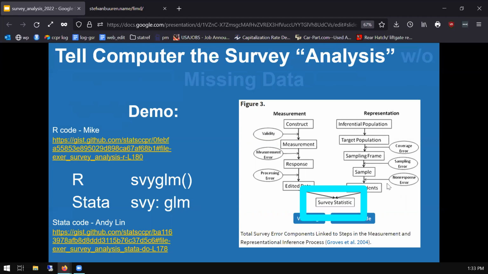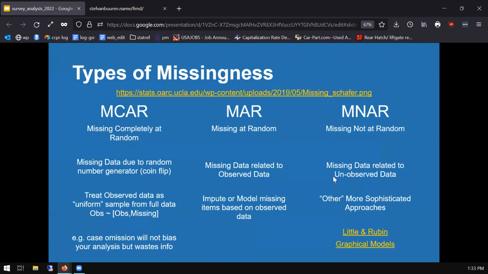Do you use a reweighting method, which I would fall under this representation category, or do you use this kind of variable imputation method, which I would put under the measurement category? But in both situations, this assessment still applies: MCAR, MAR, MNAR. Hopefully that doesn't confuse things more.